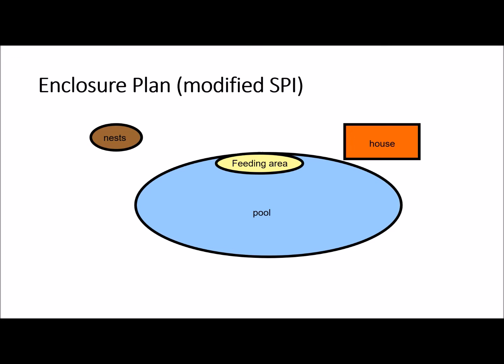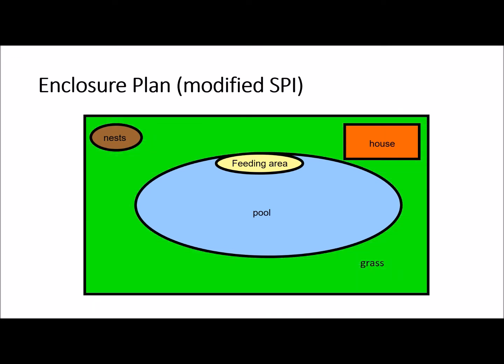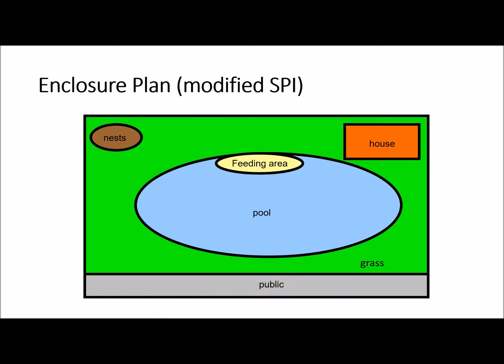Therefore, that would be a standalone zone. The grass that surrounds everything is also its own zone. The public area, if accessible to the animals, would also be a zone that they can engage with, as would all of the bushes and shrubs. So the modified SPI allows us to calculate enclosure usage based on the animal's occupancy of biologically relevant resources that are provided within the enclosure, and we call these biologically relevant resources the zones that the animal has access to.